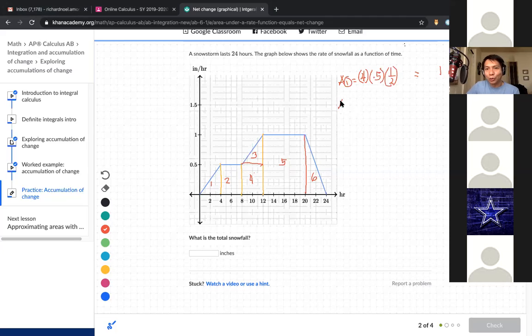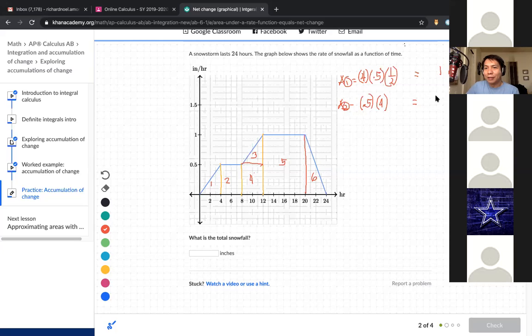Area 2, on the other hand, is a rectangle. So that's going to be length multiplied by its width. Your length would be 4, because from 4 to 8 is 4 hours. So you'll have 0.5 multiplied by 4, guys.